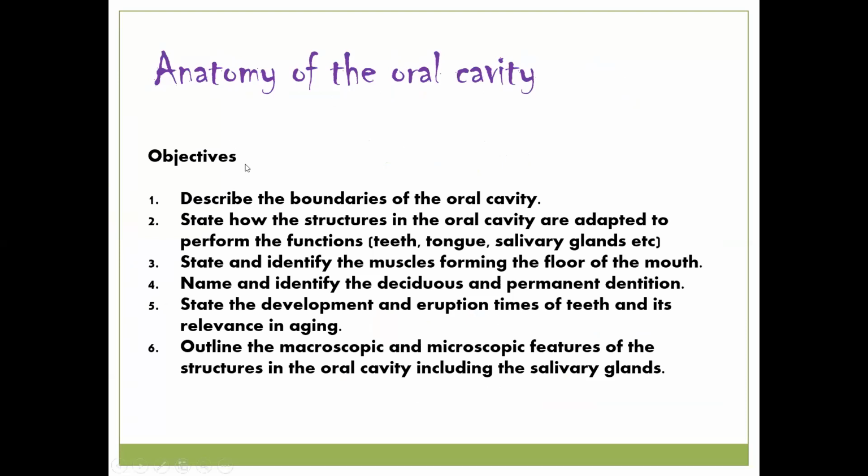Our objectives will be to describe the boundaries of the oral cavity, to state how the structures in the oral cavity are adapted to perform its functions, and to state and identify the muscles forming the floor of the mouth, name and identify the deciduous and permanent dentition, state the development and eruption times of teeth and its relevance in aging.